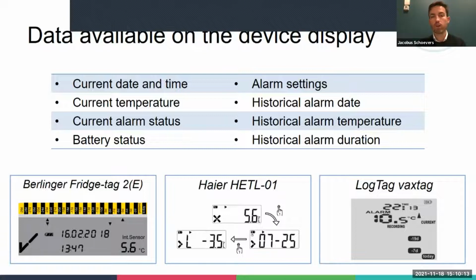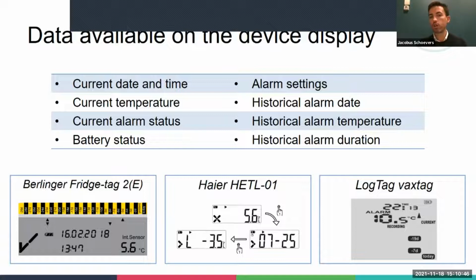In the top left-hand corner, you can see the battery status, and it also shows you the current temperature. Now, if you click on the little button once, it'll show you, for instance, the date of an alarm that has occurred. And then if you click on it again, it will show you the value of that low alarm. And the L on the screen shows you that it's a low alarm as well. Simpler screen, but you can also access all the data by sequentially clicking on the button.